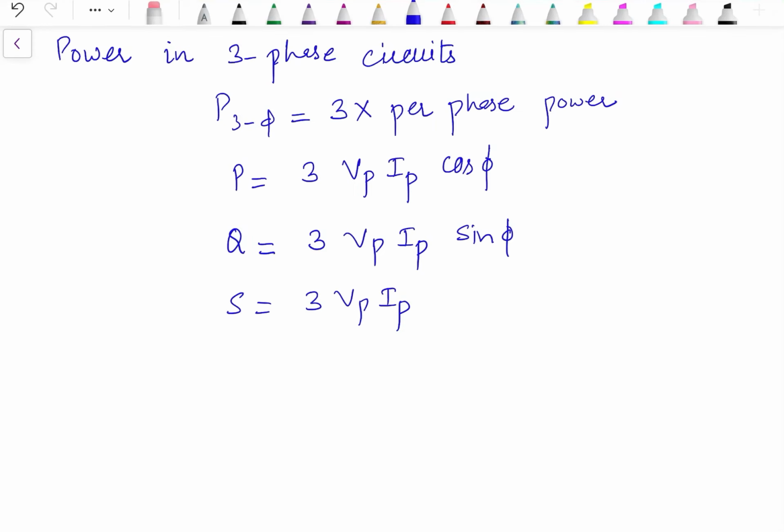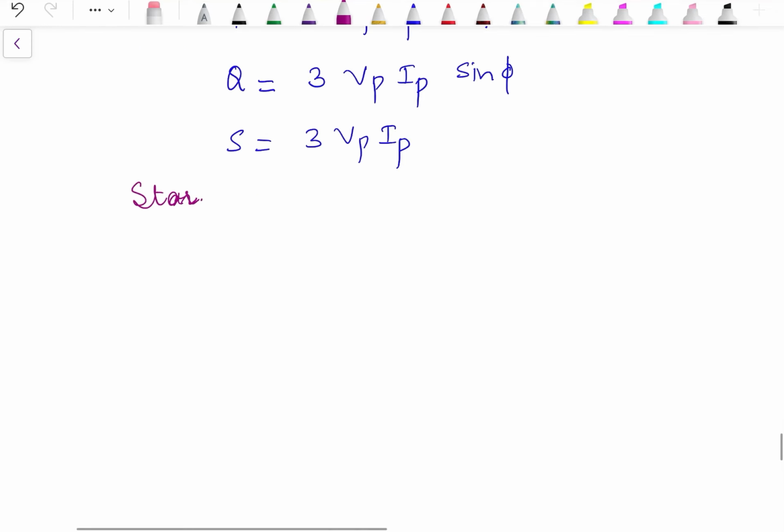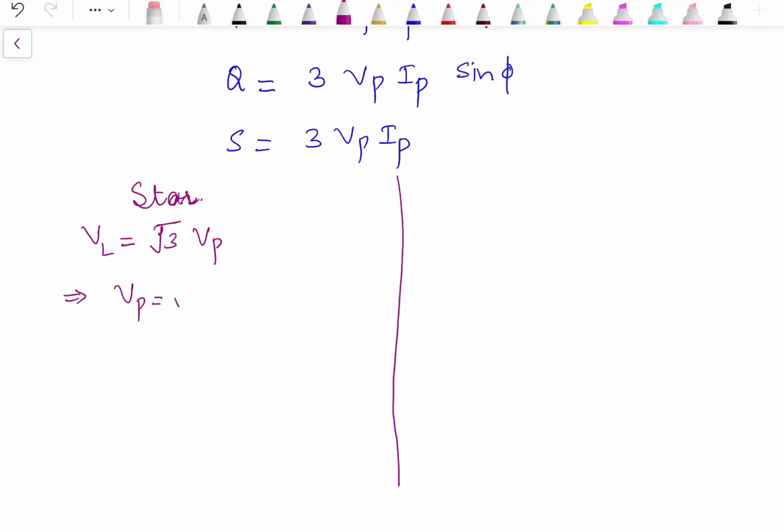Now line quantities have different relationships in star and in delta. So let's write for star first. In star connection, VL is equal to root 3 times Vp, or Vp is equal to VL by root 3.